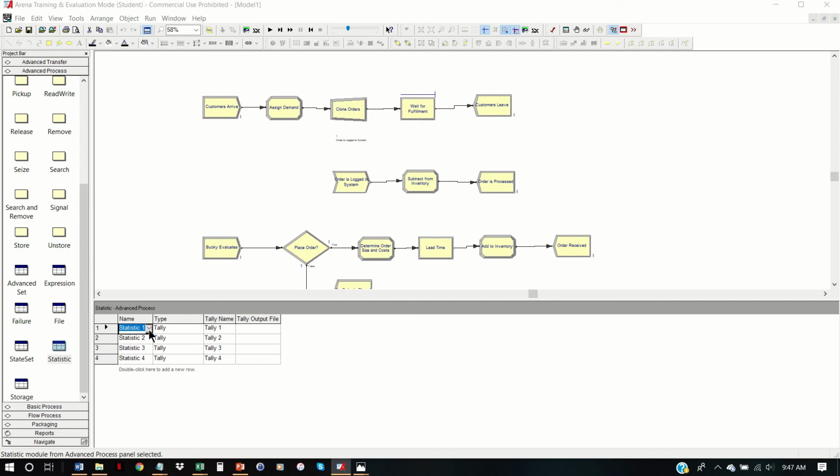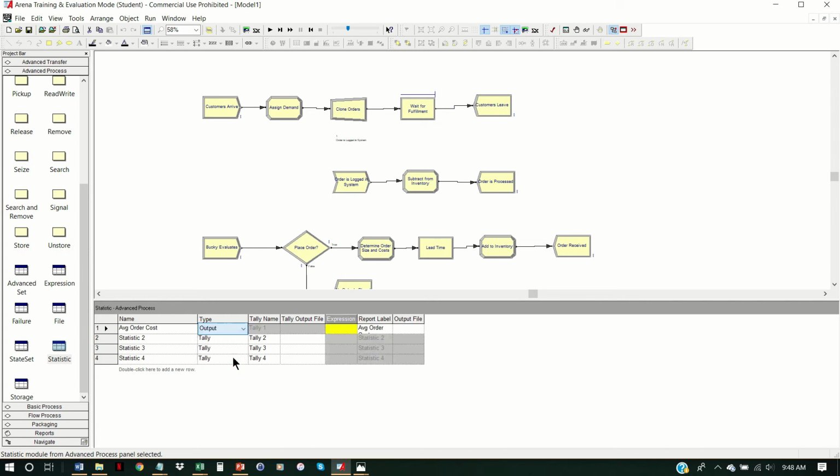We have our average order cost, and this is going to be calculated at the end of our simulation, so this is an output variable.